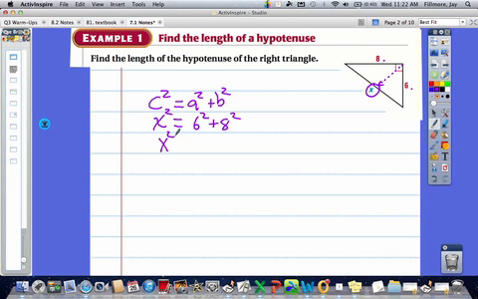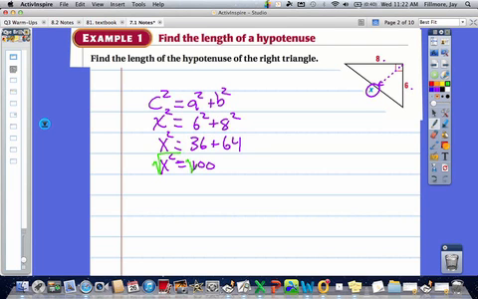So our left side stays the same, and to simplify our right side, 6 squared is 36, and 8 squared is 64. When we add those together, we end up with a sum of 100. In order to simplify this, because x is not by itself yet, we haven't found the length of our hypotenuse, we need to get rid of that square. In order to get rid of a square, you will take the square root.